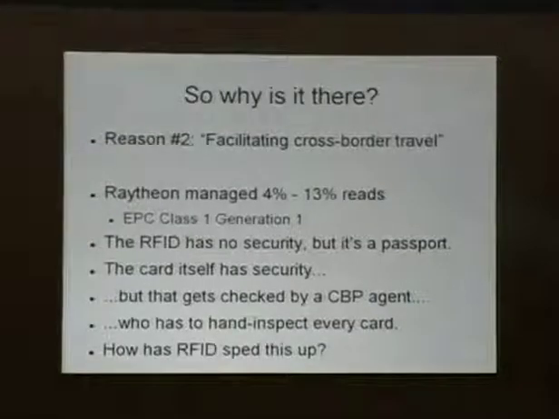So why is it there? Well, second reason that DHS like to give is that it facilitates cross-border travel. It speeds things up when you go through the border. Raytheon tested this technology. They set up hundreds and hundreds of different scenarios, hundreds of different tests, and they achieved, at best, 13% successful reads.